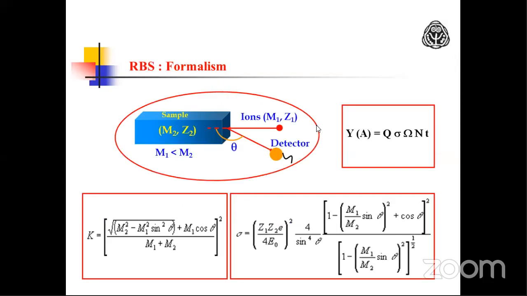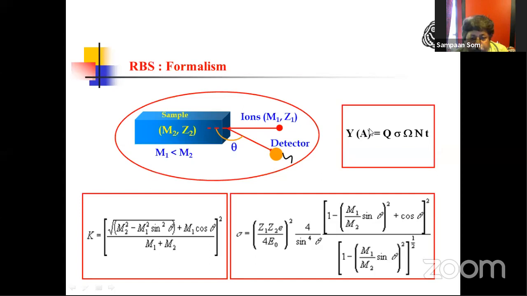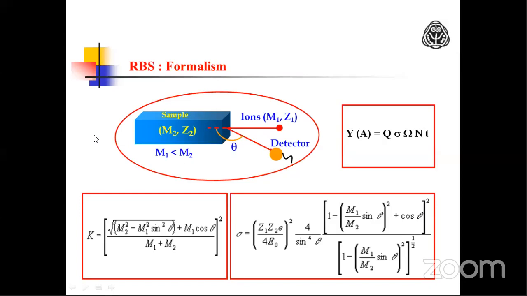So you see, this is a sketch to schematically give you a feel of what is being done during an RBS study. I mean, the geometric aspect of an RBS study you can see on the screen.